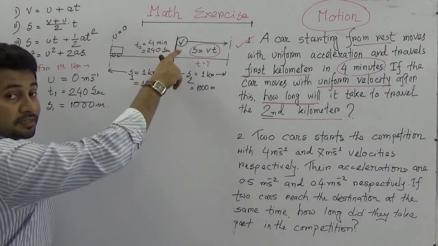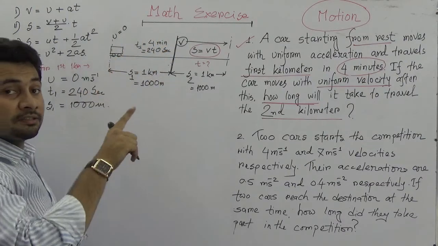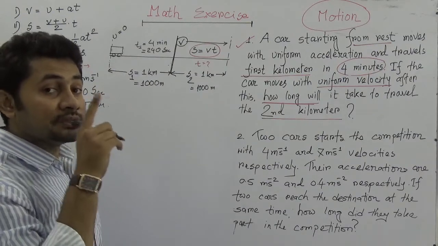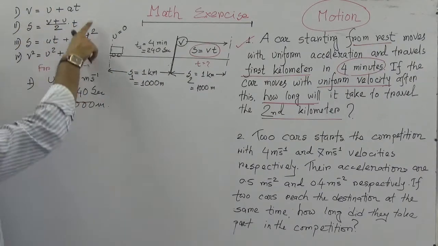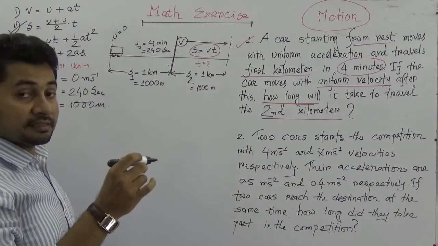We need to find v, because no magnitude of acceleration a is given, so we can't use anything with a in it.